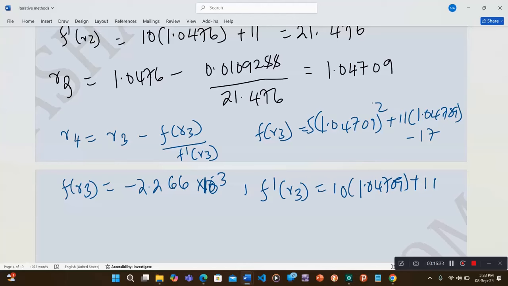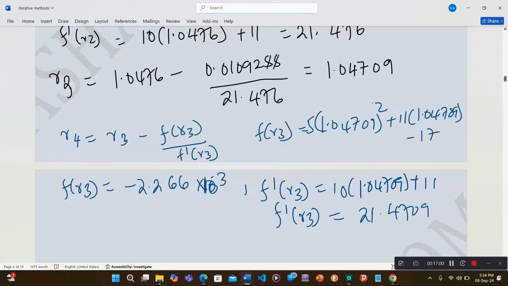So we get 10 times 1.04709 plus 11, and the value of f prime of R3 is 21.4709.